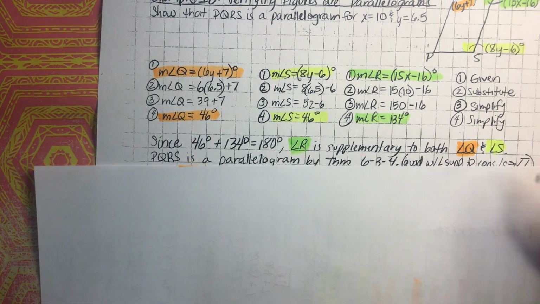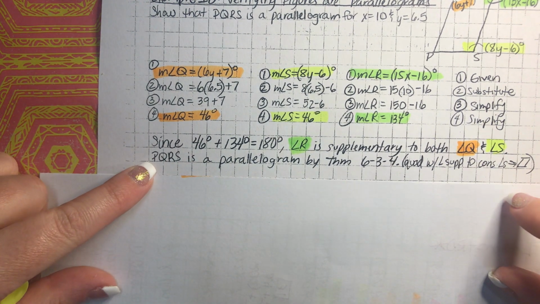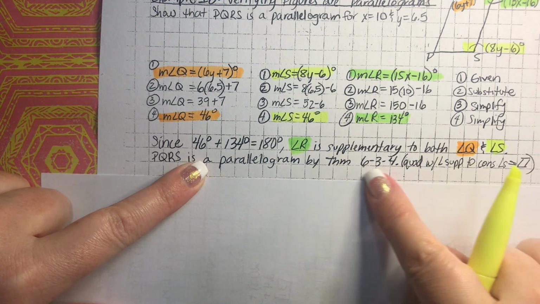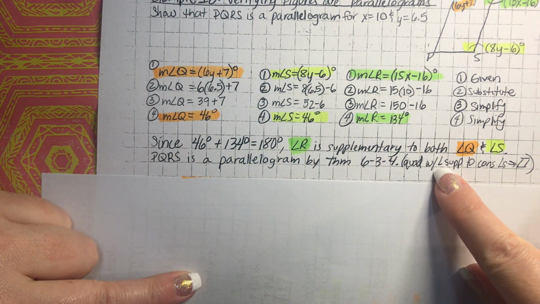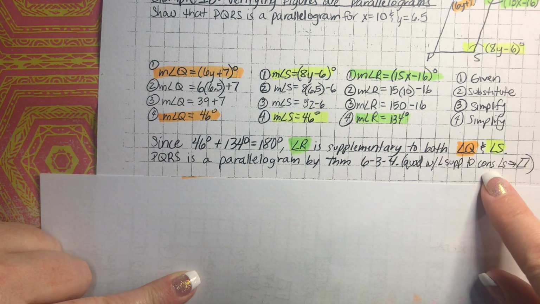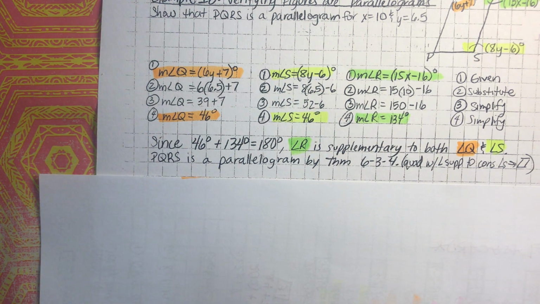And so that means that PQRS is a parallelogram by theorem 6.3.4, which is a quadrilateral with an angle supplementary to both of its consecutive angles, then it's a parallelogram.